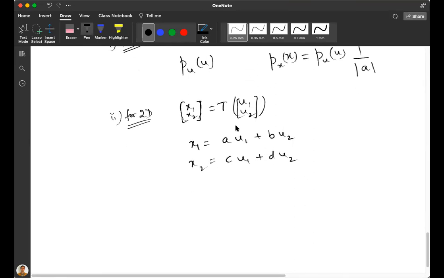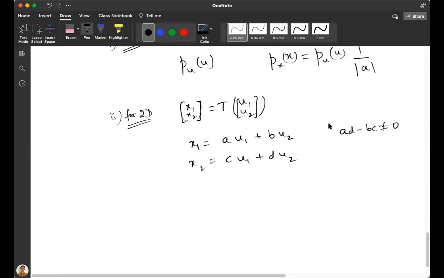Is it invertible? The matrix A, B, C, D should be invertible. What is the condition for that? AD minus BC not equal to 0.